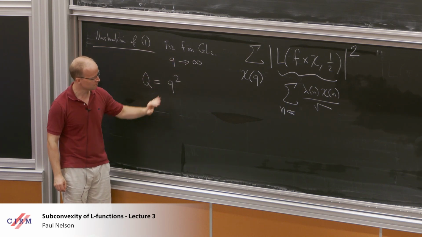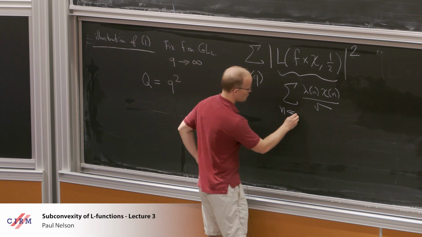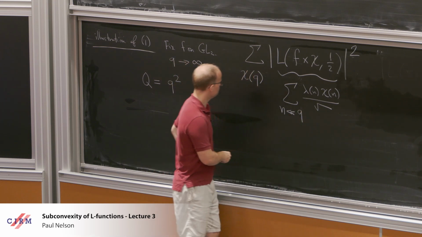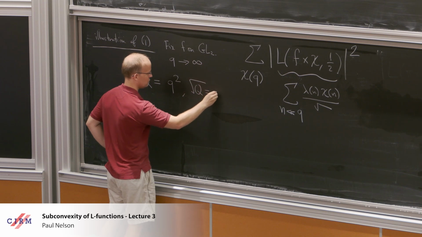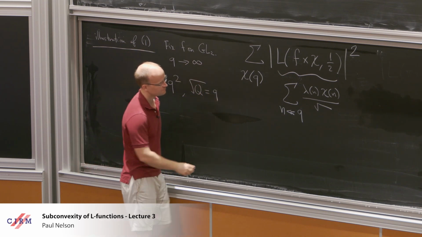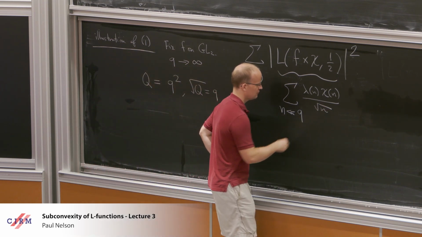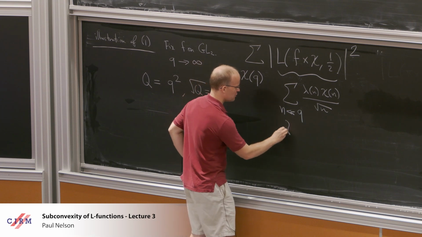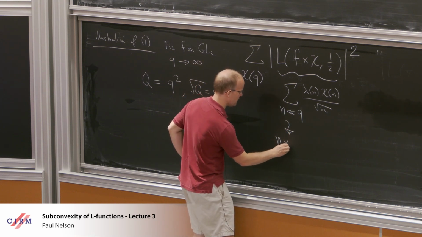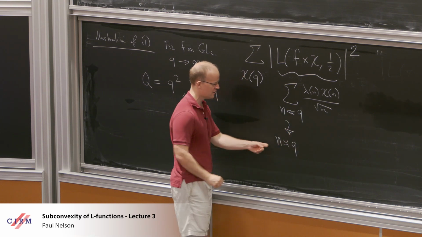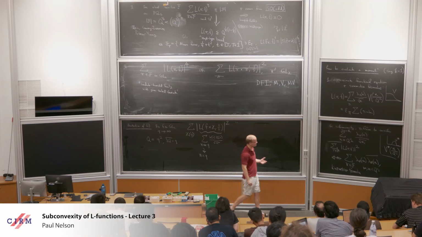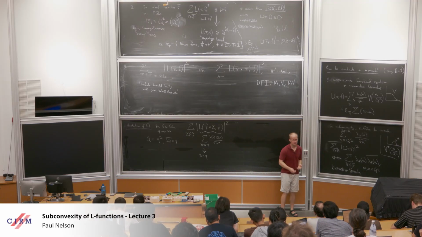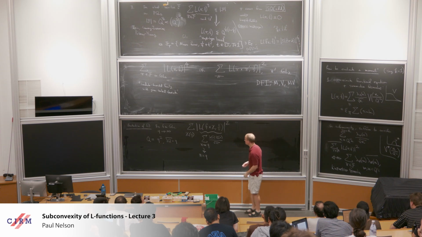Here n is 2, so the square root of the conductor would be roughly q. And for the purpose of thinking about subconvexity, we just focus on the main dyadic range where n is roughly of size q, because the smaller dyadic ranges, as we indicated over here, will contribute less.